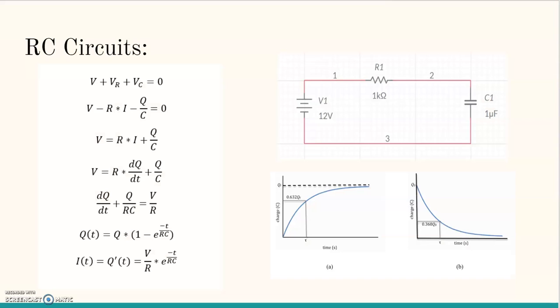RC circuits use KVL, which is a summation of the voltages in the circuit.